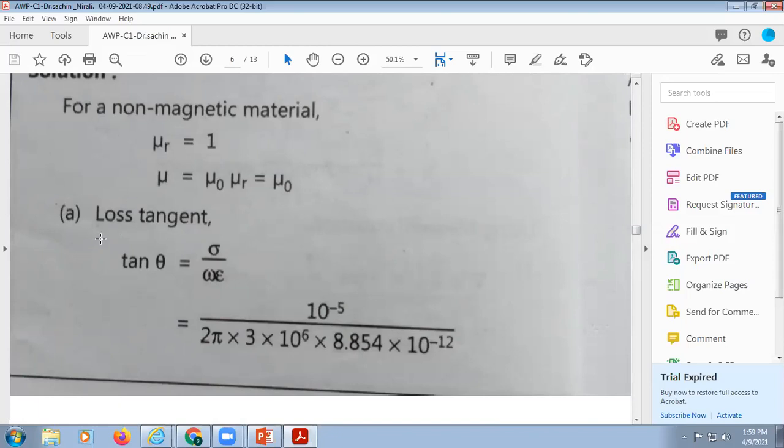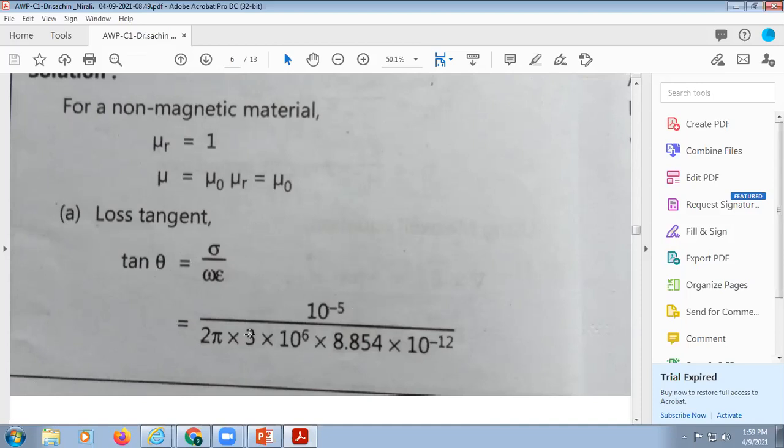The first parameter you need to calculate is the loss tangent, and this tan theta is equal to conductivity divided by omega epsilon. This is the formula.